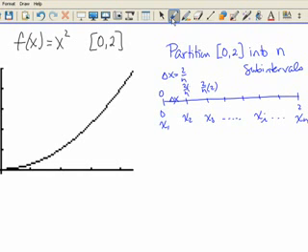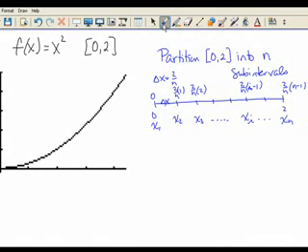Notice x sub 2 is 2 over n times 1. x sub 3 is 2 over n times 2. So x sub i would be 2 over n times i minus 1. And then the last one would be 2 over n times n minus 1, and that's going to be equal to 2.